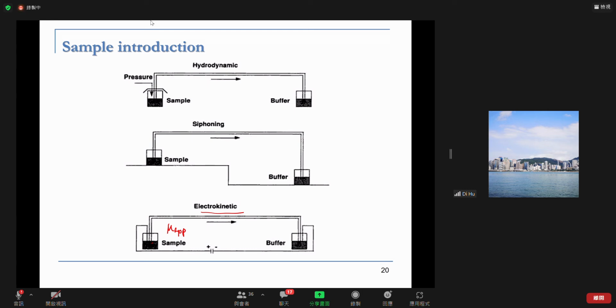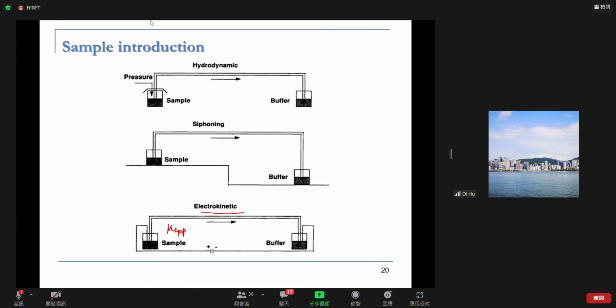No. Very good. So what happens if they don't have the same apparent mobility? Those with a larger apparent mobility will be injected more than those with a smaller one, right? So obviously there's some discrimination occurring in this injection process between the different compounds, because the components with high apparent mobility are injected in larger quantity than those with lower apparent mobility.